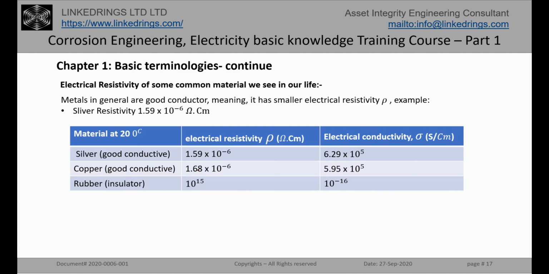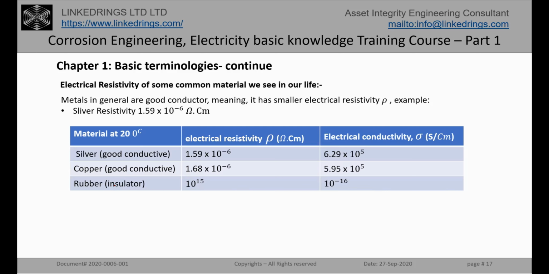So they have very small electrical resistivity of almost 1.6 times 10 power minus 6, while the electrical conductivity is high, around 6 times 10 power 5. Yes, silver is a slightly better conductor than copper.